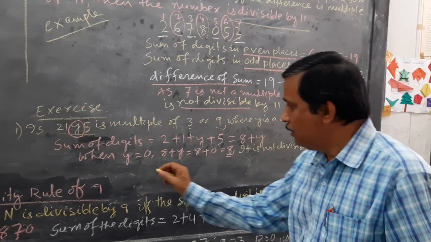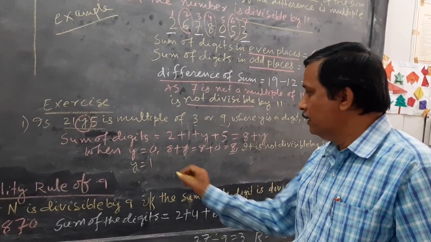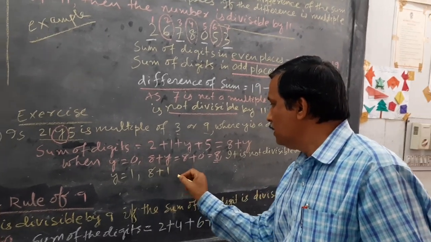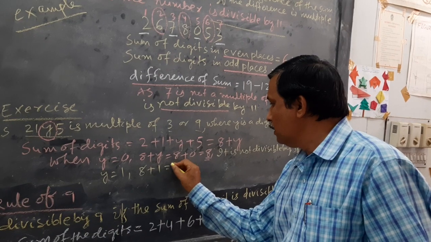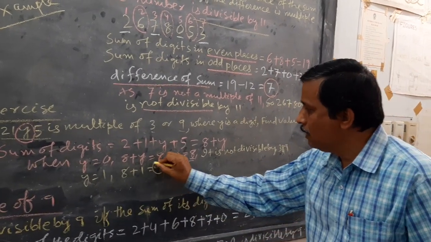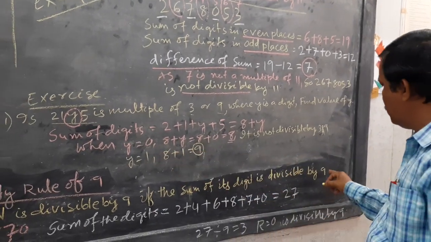Then you take another value, suppose 1. Then 8 plus 1 is equal to 9. So you see here 9, this number, is divisible by 3 as well as divisible by 9.